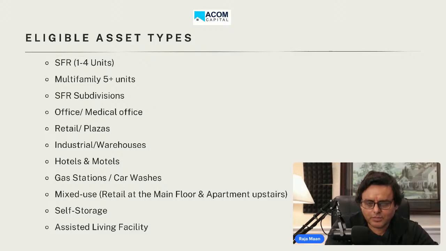Multifamily properties under construction, we can go up to 75 or 80% max loan to cost. There's a bit of difference between loan to cost and loan to value, we'll talk about it later. For single family residential subdivisions, again 75 to 80%, depending on where the project is, the feasibility, experience, and everything.